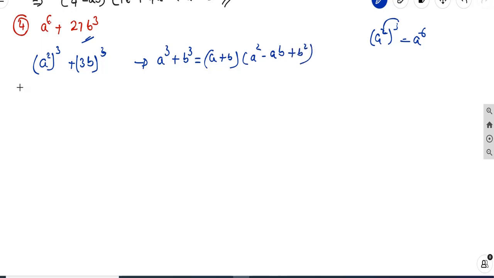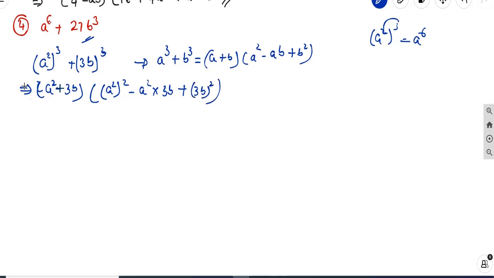Now if I use this identity, what is a? A is your a square, and b is 3b. So this becomes a square plus 3b, into a square whole square minus a square into 3b plus 3b whole square.